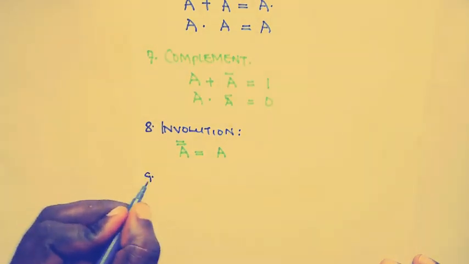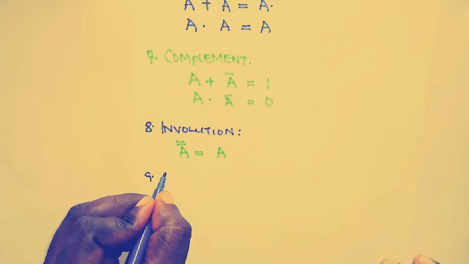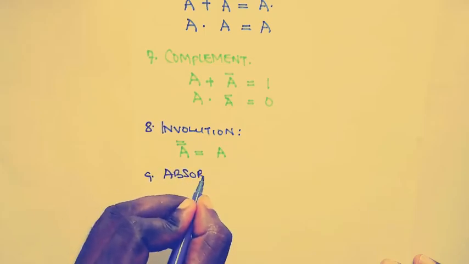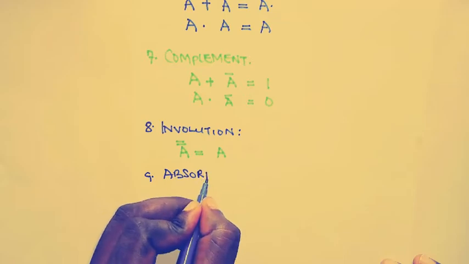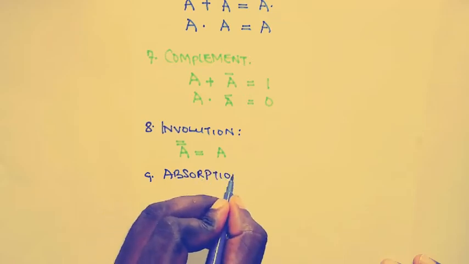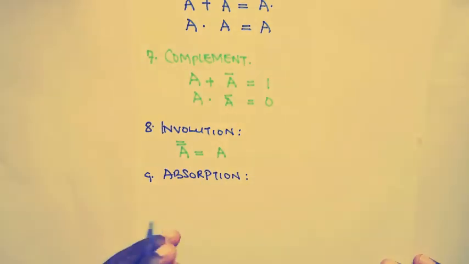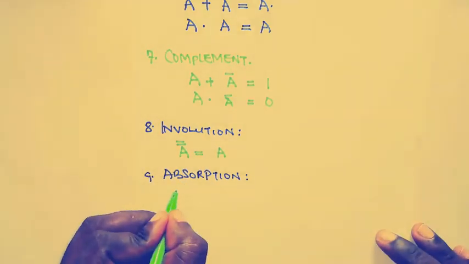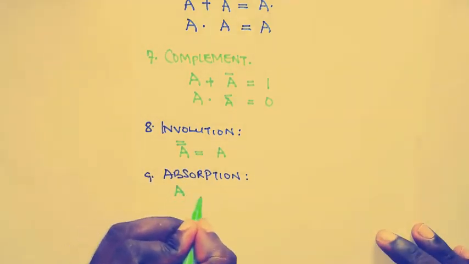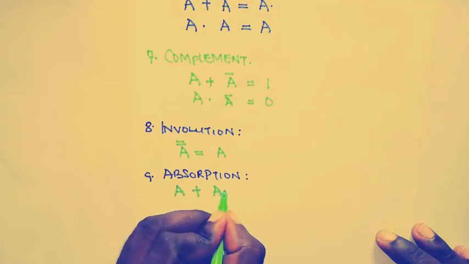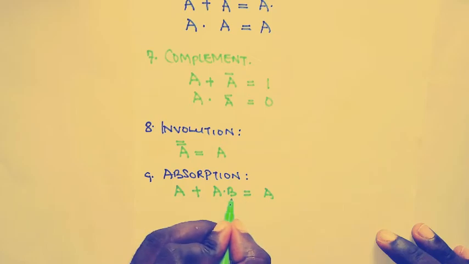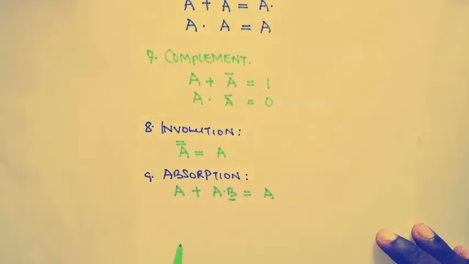Next, number 9, I have the absorption law, or the covering law. This simply states that if you have an element A plus A dot B, it is going to give you A. It means the element B has been absorbed.